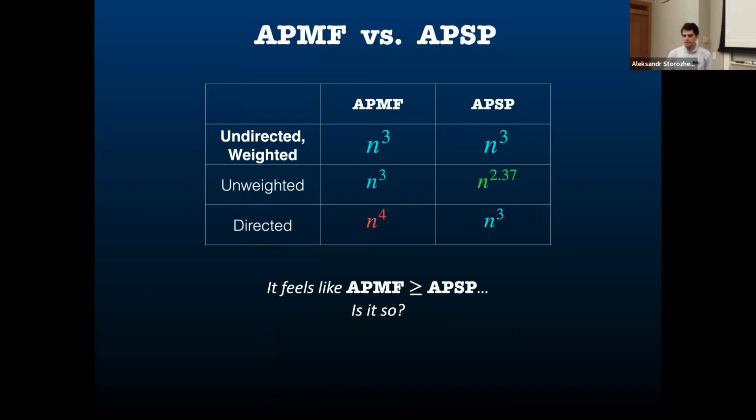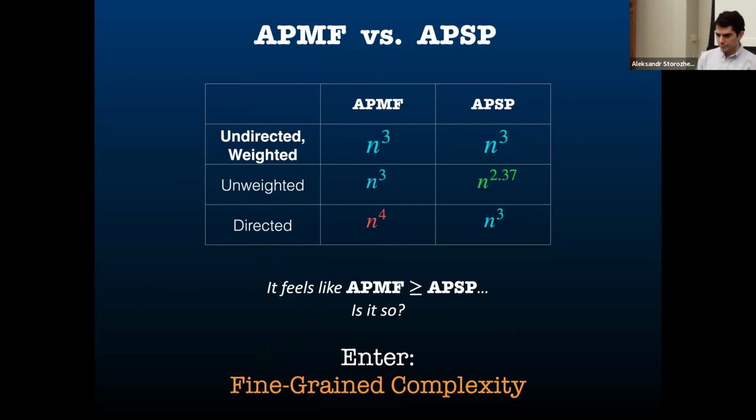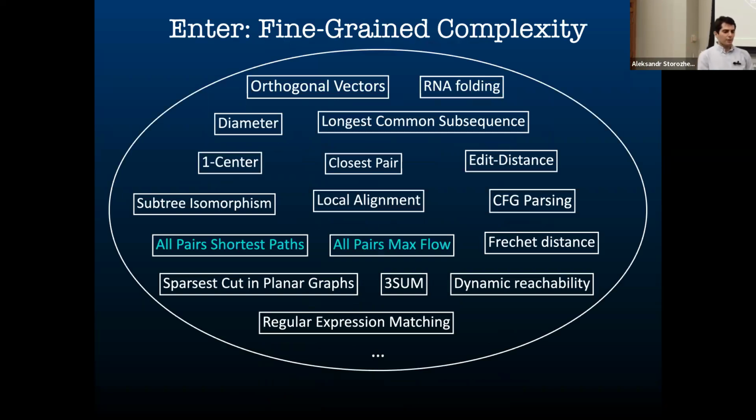Again, here's a summary table. So we got into this thinking about this, and I think everybody was thinking max flow is at least as hard. Let's just try to prove this, formalize this. And that's exactly what we like to do in fine-grained complexity. We try to show connections between problems. So fine-grained complexity is this literature where we take fundamental natural basic problems, more than one.